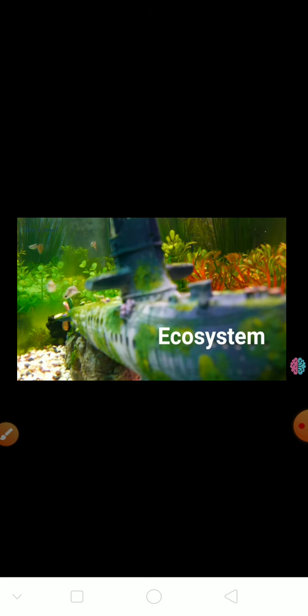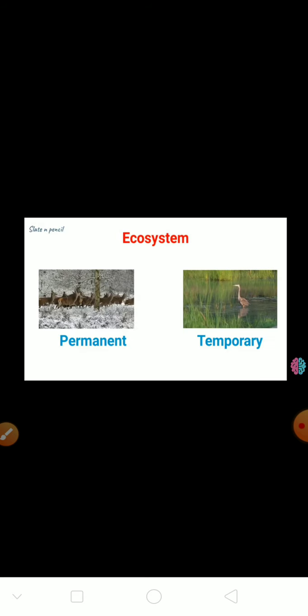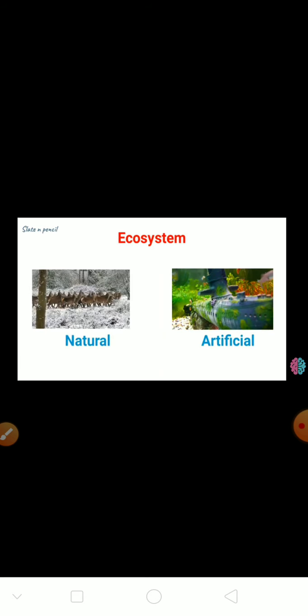Ecosystem. It refers to a community of plants and animals within a particular physical environment, which is linked by a flow of materials through the non-living as well as living sections. An ecosystem can be permanent or temporary, and it can be natural or artificial.